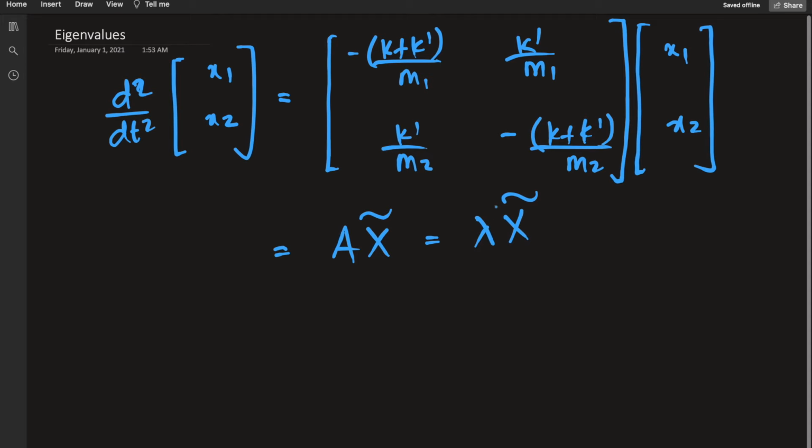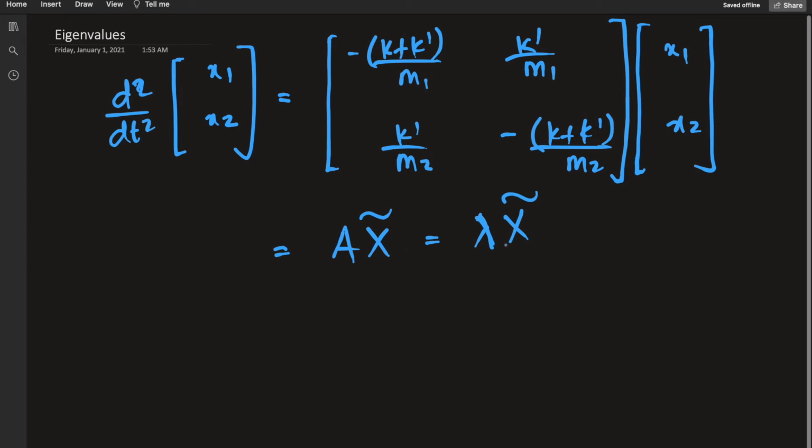If only we could do that, this would make so much more sense, because then, looking at the first entry, the second derivative of x1 with respect to time is equal to some constant times x1, and that is a perfectly solvable ordinary differential equation. If only we could convert our system into some constant times whatever initial vector we had.